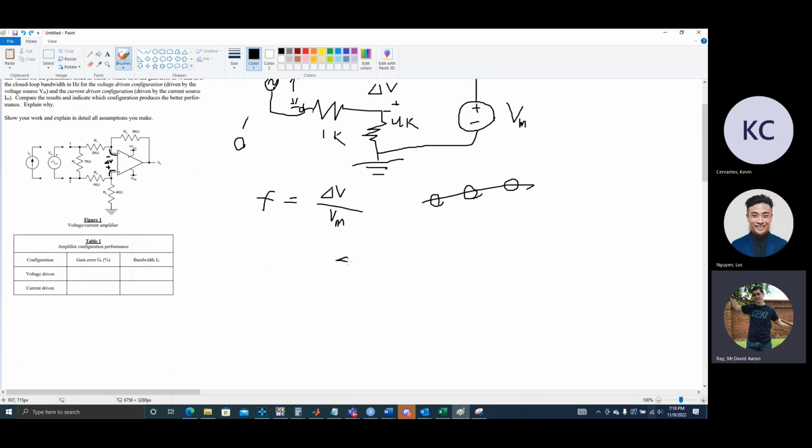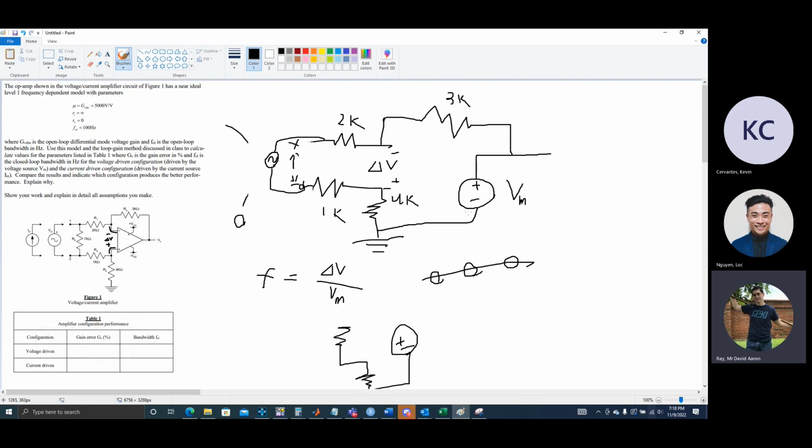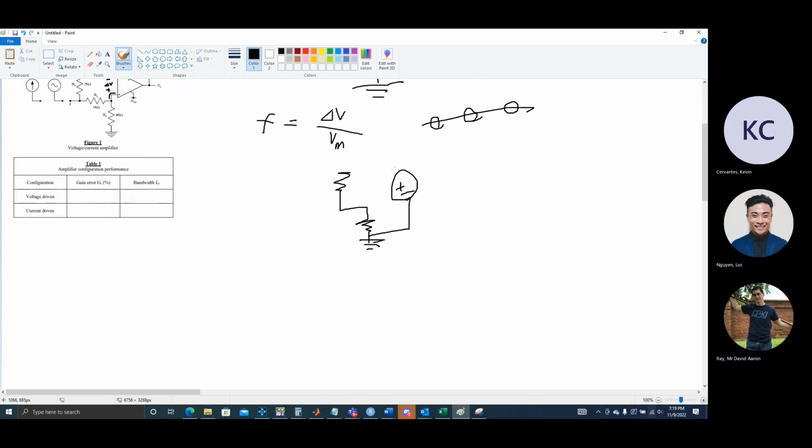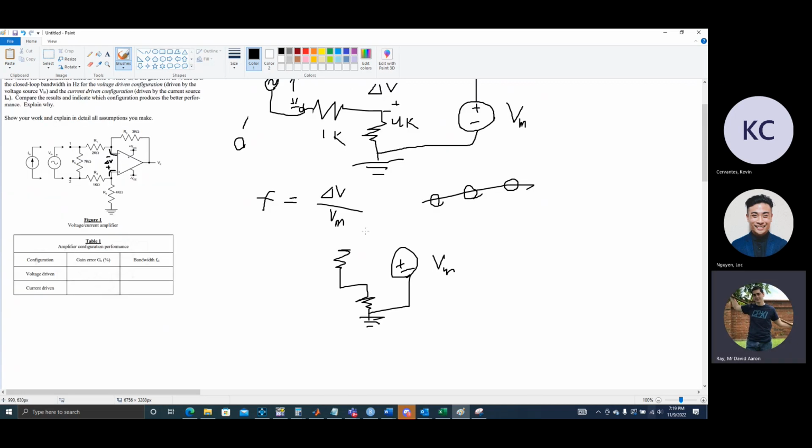So that's going to look like resistor, resistor, another resistor down here, connects to ground. Our voltage source, VM, or his writing's really weird. I can't tell if it's VM or VN by this point, but it is VM.